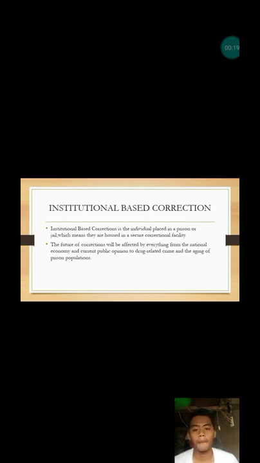Institutional Based Correction. Institutional based correction is the individual placed in a prison or jail, which means they are housed in a secure correctional facility. So, institutional based correction is the place, the prison or a jail, where people who are accused or doing criminal acts are housed in a correctional facility.